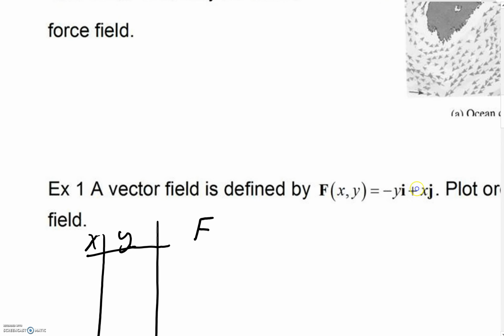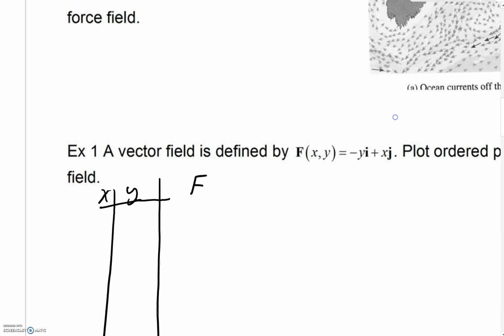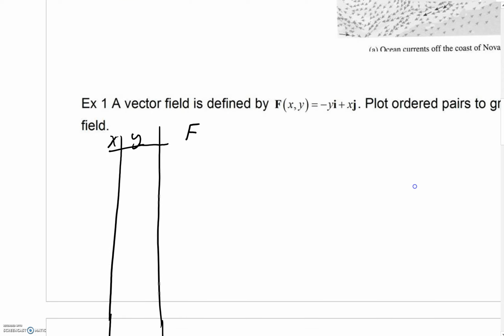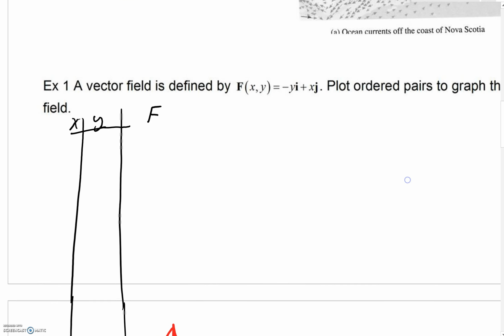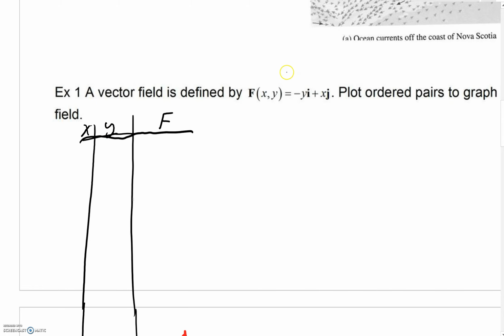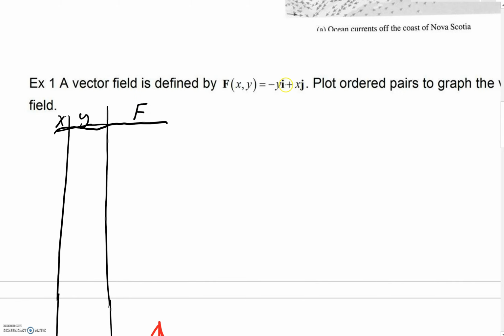So let's just jump straight in and see one of the things that you might be asked to do. You might be asked to create or graph a vector field. Look at this vector field: negative y times i plus x times j. Writing it in component form is a little bit easier.